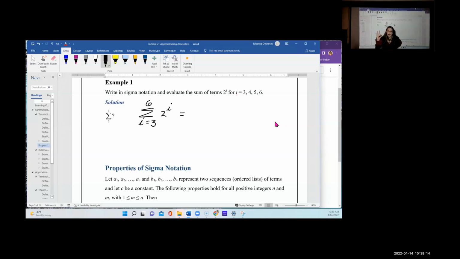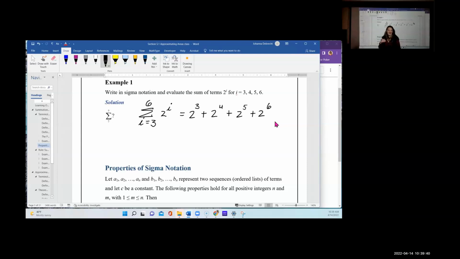Well, first we let i be 3. And so we plug in 2 to the 3rd. And then the sigma symbol means add. So we add. I'm terrible at writing that sigma symbol well. So then we get 2 to the 4th plus 2 to the 5th plus 2 to the 6th. And we stop when we get to the upper limit of summation.